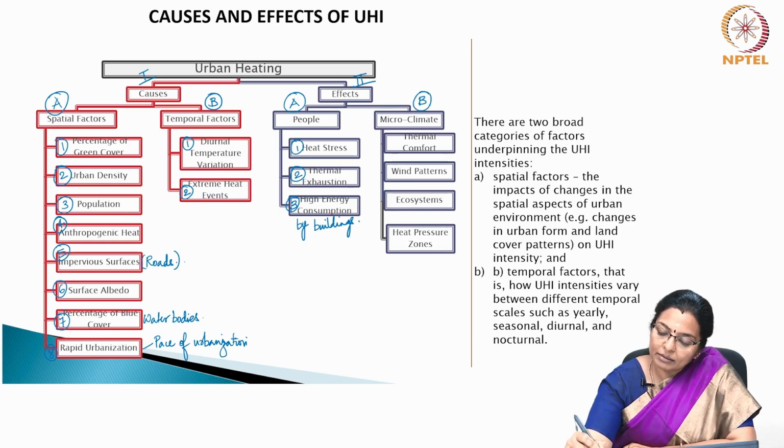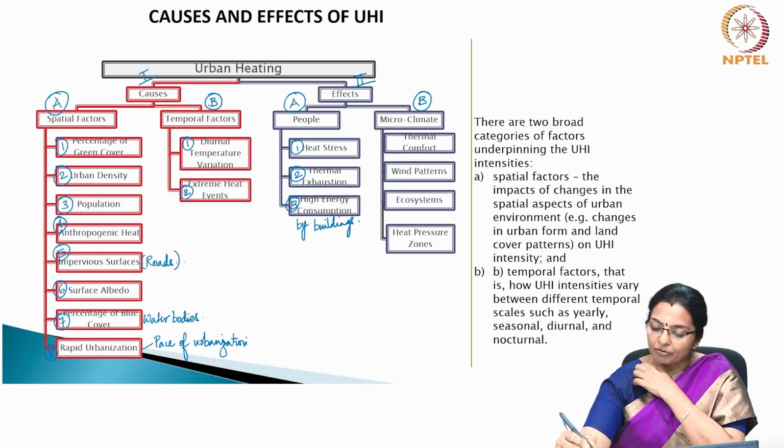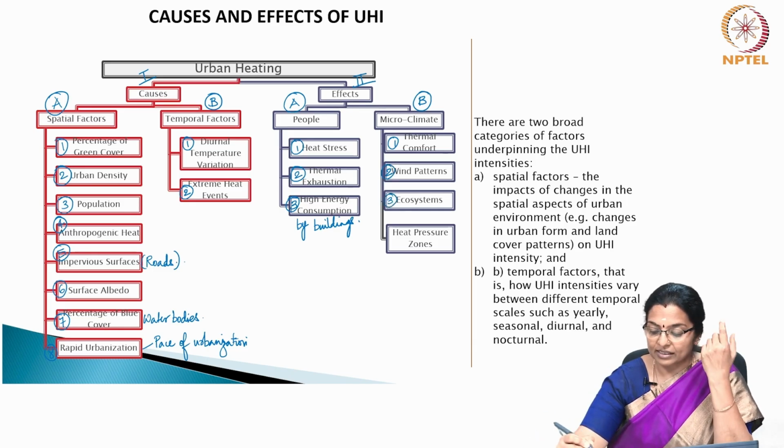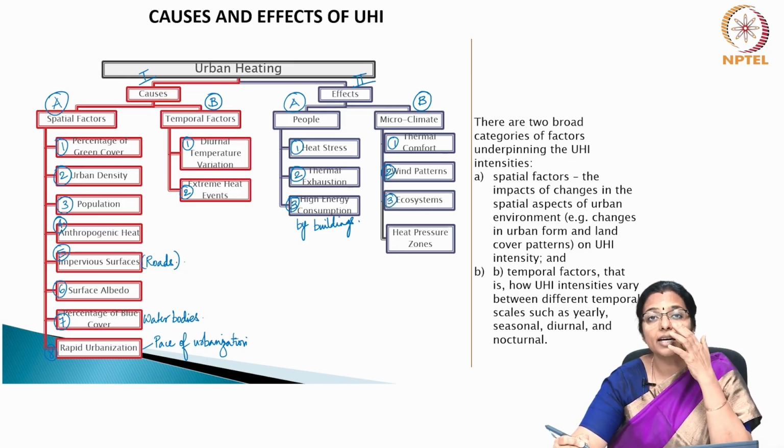The second major effect is on microclimate. So, how does thermal comfort get affected? Wind patterns tend to change. The ecosystem gets affected. Sometimes migratory birds collapse and fall.